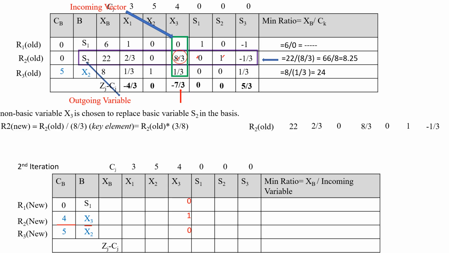So 22 into 3 by 8 becomes 66 by 8, 2 by 3 into 3 by 8 becomes 1 by 4, 0 into 3 by 8 is 0, 8 by 3 into 3 by 8 is 1, 0 into 3 by 8 is 0, 1 into 3 by 8 is 3 by 8, and minus 1 by 3 into 3 by 8: the 3 will get cancelled, so it becomes minus 1 by 8. So I have to enter these values in the new simplex table at the second row.